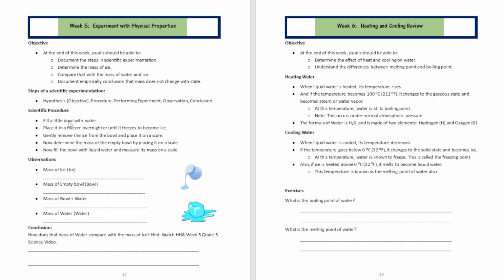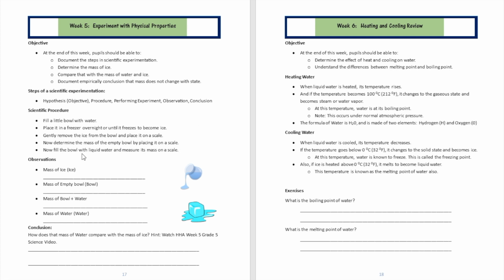The procedure is to fill a bowl with water and place it in a freezer overnight until it freezes to become ice. Gently remove the ice from the bowl and place it on a scale. Now determine the mass of the empty bowl by placing it on a scale.